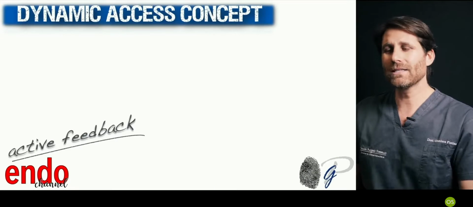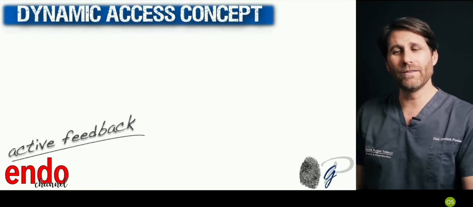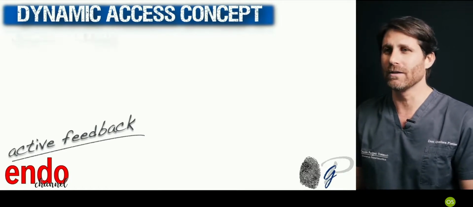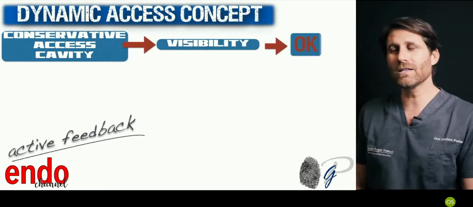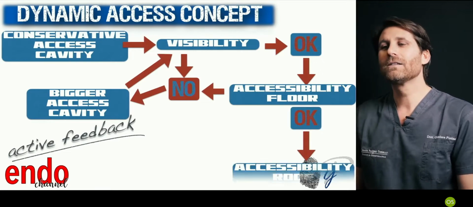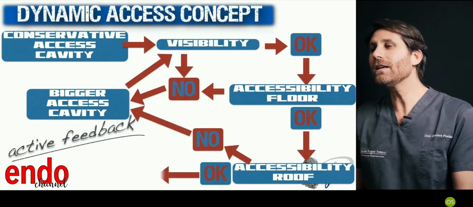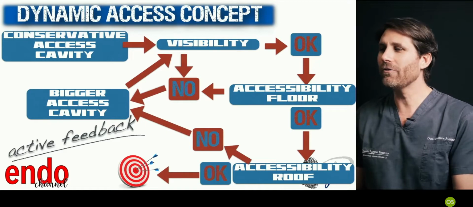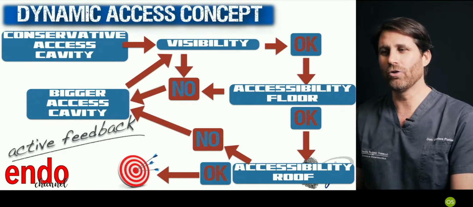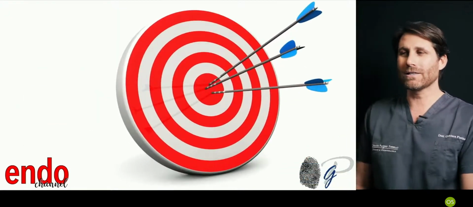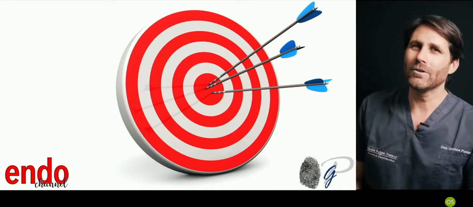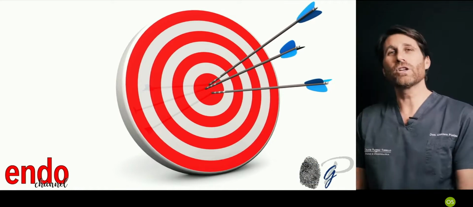So the dynamic access concept that I want to bring you with this lesson, with an active feedback given by your instrument, means that we need to start with a conservative access. Check for the visibility, for the accessibility. If we don't have it, start again with a bigger access cavity until we find the accessibility to the floor, to the roof, so we can start the next step of endodontic treatment, to find our center, to follow our aim, our concept, our principle, and to reach our objective.